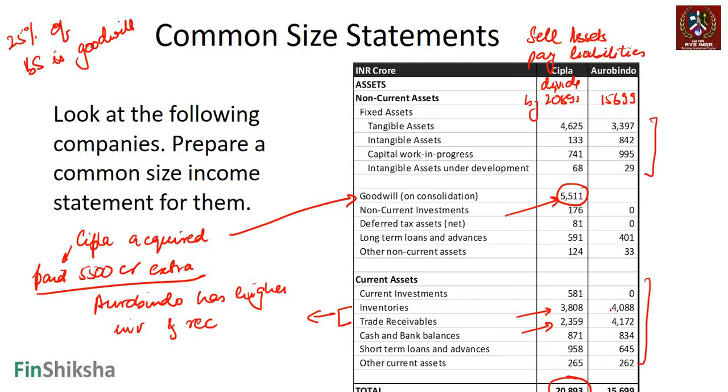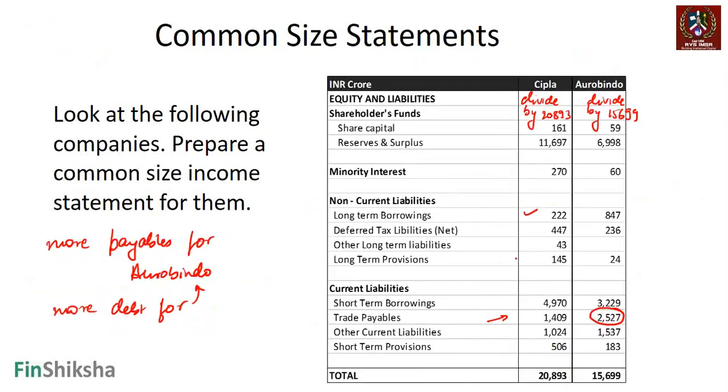In the case of Cipla, however, if you sell the assets to realize 20,893, it is important that you also realize this 5,500 crore, which means whatever this asset is, it needs to sell at a price that incorporates 5,500 crore as extra value. So unless that happens, this 5,500 will not get realized. If that doesn't get realized, you will not be able to repay all your liabilities, correct? Aurobindo is safer that way.